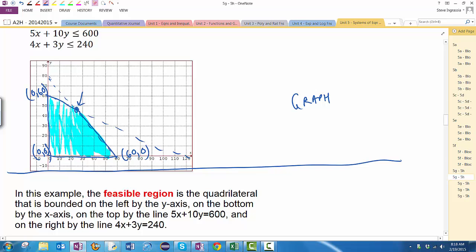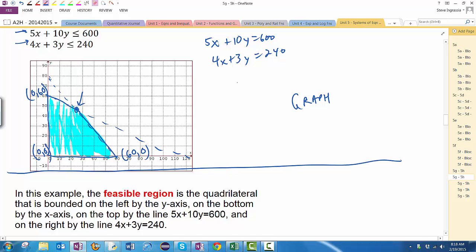Well, it's the intersection of this line and this line. So if only there were a way for me to simultaneously solve two equations, 5x plus 10y equals 600, 4x plus 3y equals 240. You know, we've just spent a couple of weeks solving systems of equations. You can do this. You can do it with elimination. You can do it with substitution.